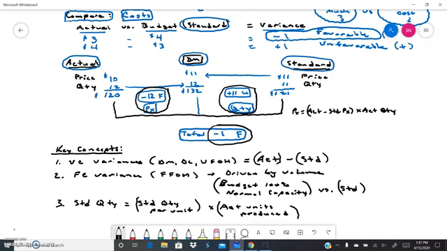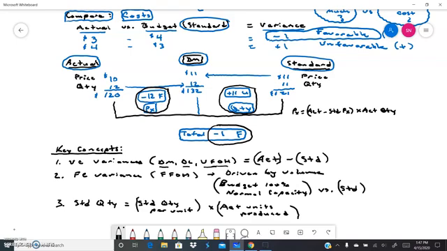So some key concepts in this chapter, just to remember, is that for variable cost variances, and these are for direct materials, direct labor, and variable factory overhead, so all of the variable costs. And remember, variable costs, the cost per unit is going to remain constant no matter what the volume is.